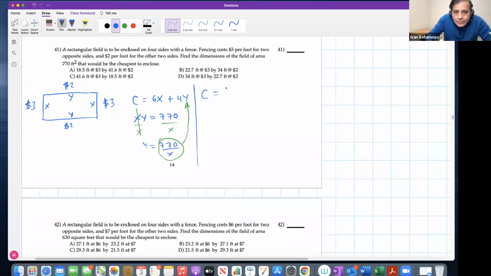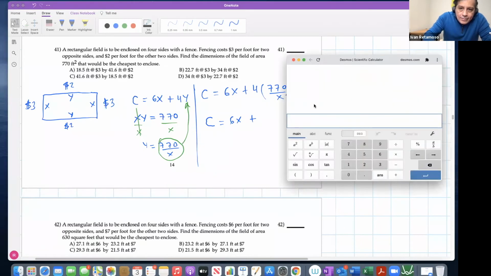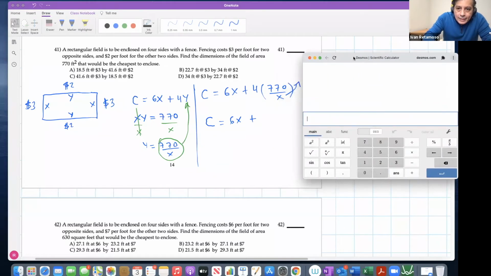So the cost function will be 6X plus 4 times Y, but Y is 770 over X. Cost function will be equal to 6X plus, let's get this in the calculator, 4 times 770, and at the same time, let's write X in the denominator as X raised to -1.